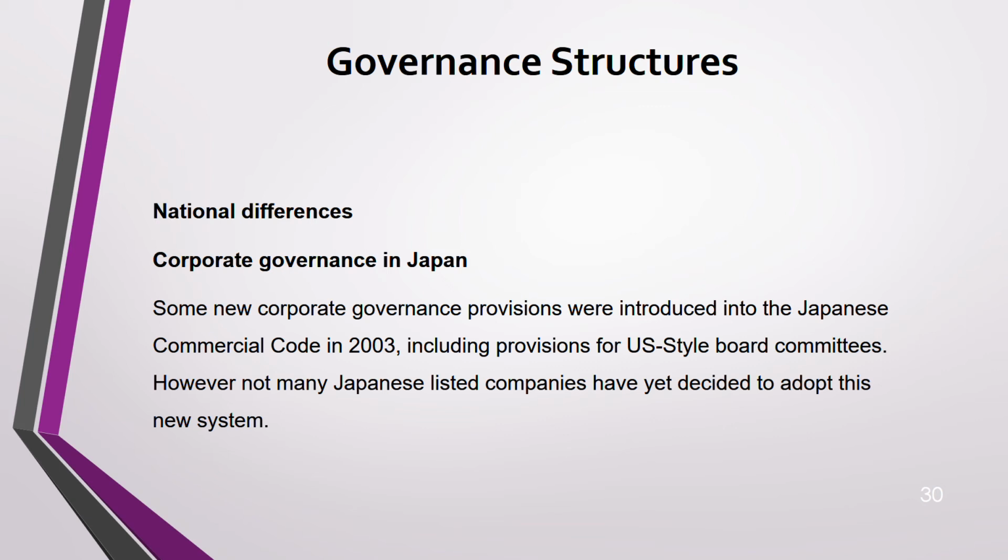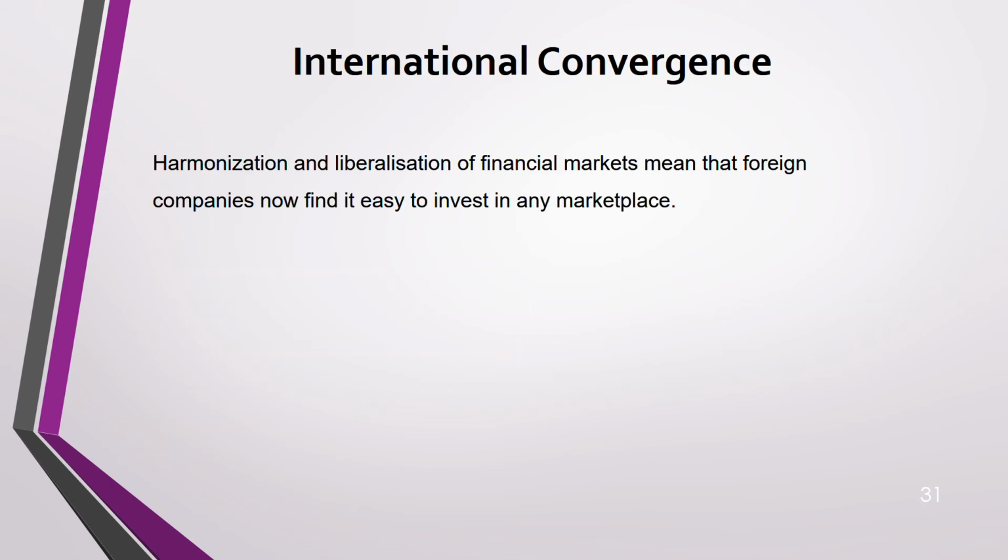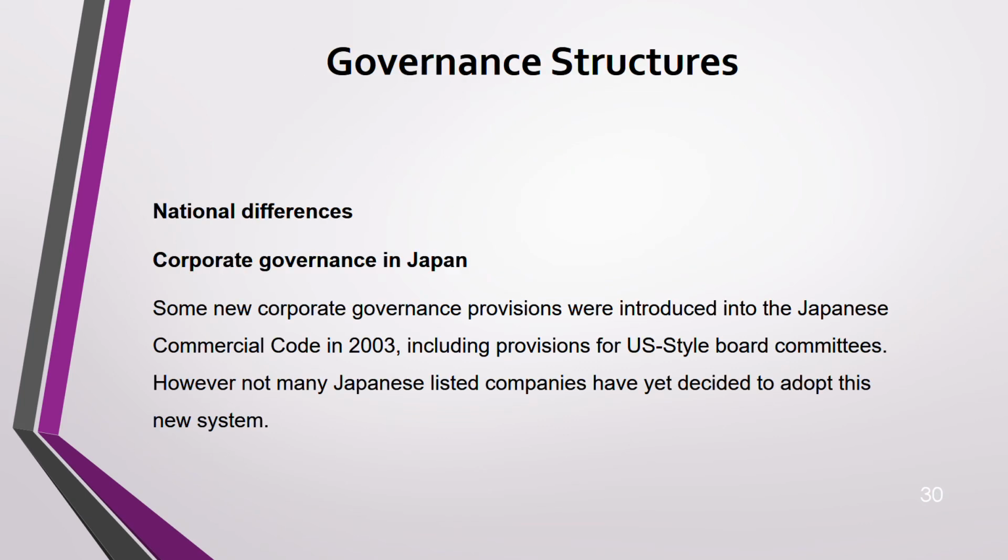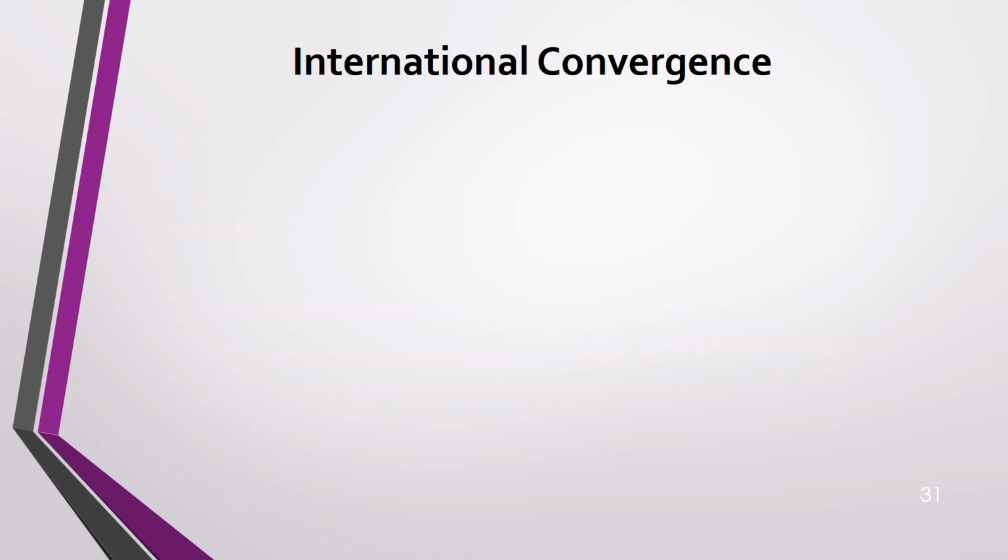Here they included provisions like US style board committees, very similar to the board committees in the US. But in Japan, listed companies were not yet ready to adopt this new system. This is just to explain the national differences; from the exam point of view, it's not relevant.